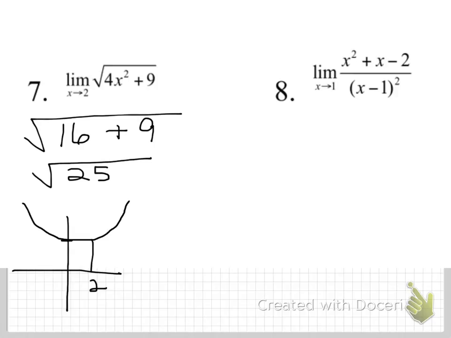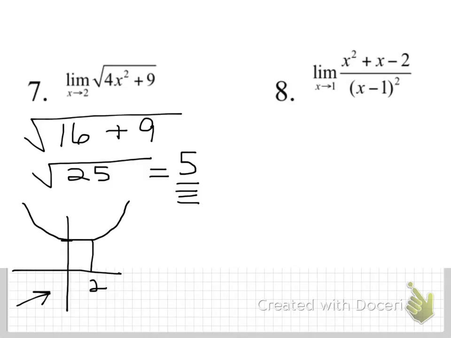Notice that I never get down into the negative part of the y-axis. So in this situation, my answer is only 5. You would need to think about the graph before you give an answer. It's not appropriate to leave it just as radical 25. You want to give me an answer that shows you understand that this particular function eliminates the negative 5 from your answer.